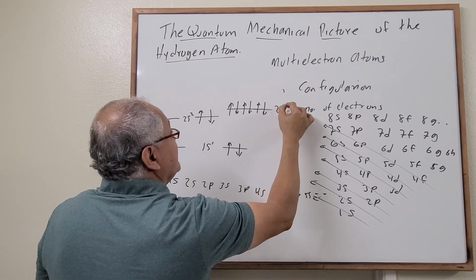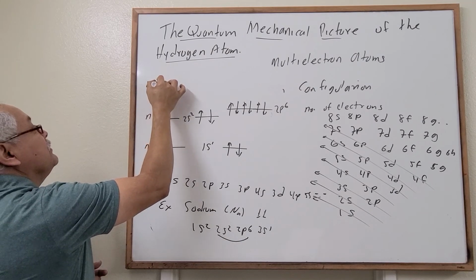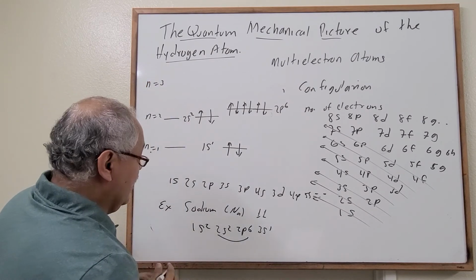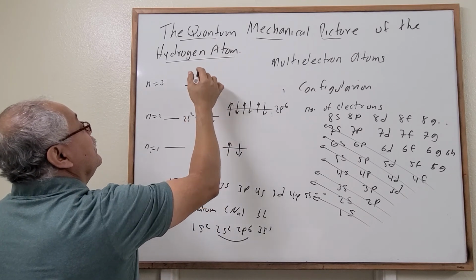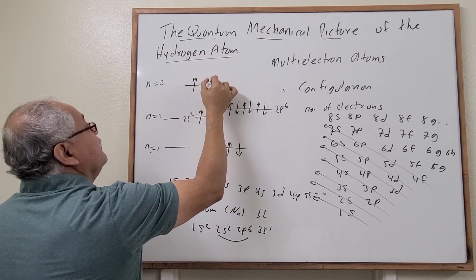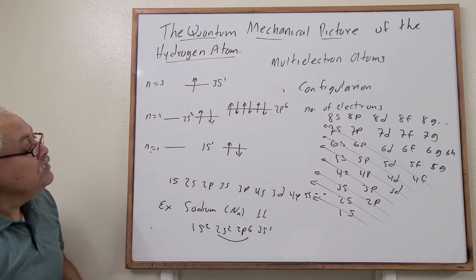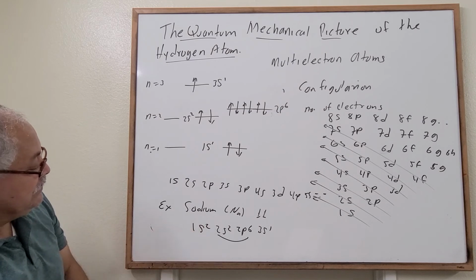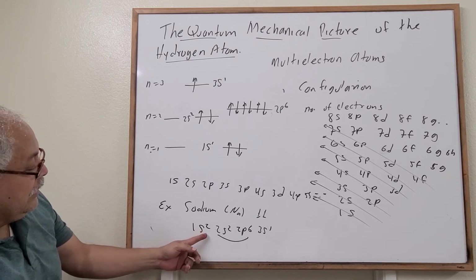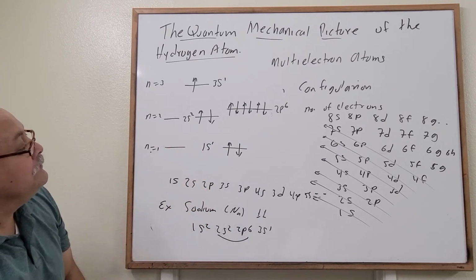This is 2p6. And we have the last one, n equals 3. And for that one, we have only what? Only 1 electron. It goes right here. It's going to be only 1 electron. It's going to be 3s1. So again, we can represent this electron configuration in this way too.